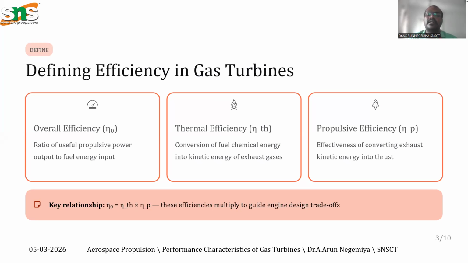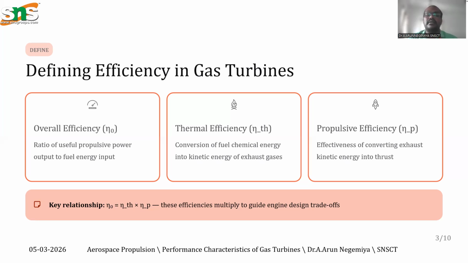The second one is thermal efficiency, denoted by eta suffix th. It is the conversion of fuel chemical energy into kinetic energy. The third one is propulsive efficiency, denoted as eta suffix p. Here, kinetic energy is converted into thrust.